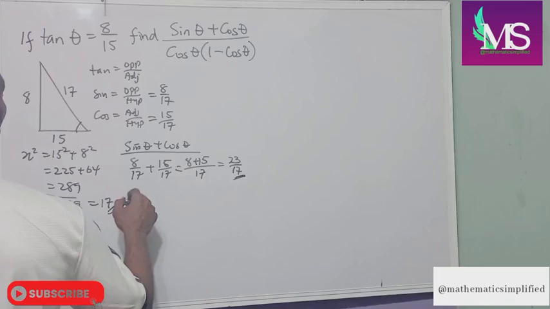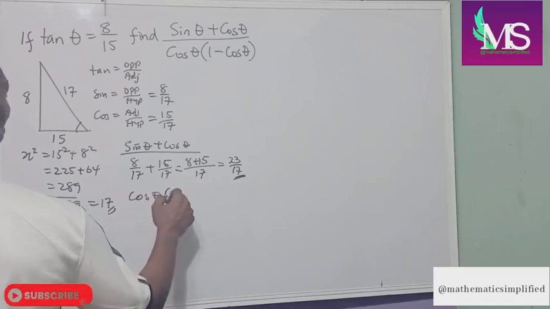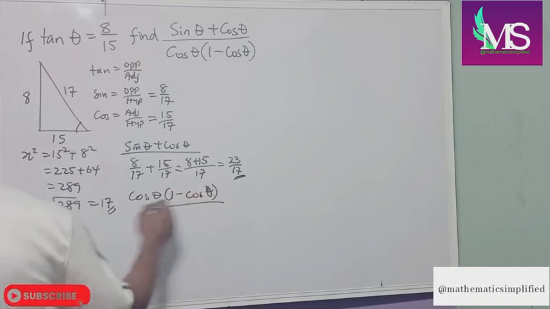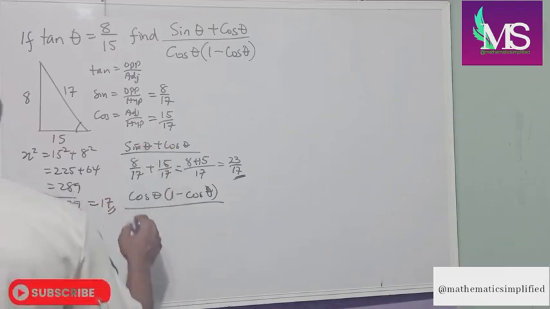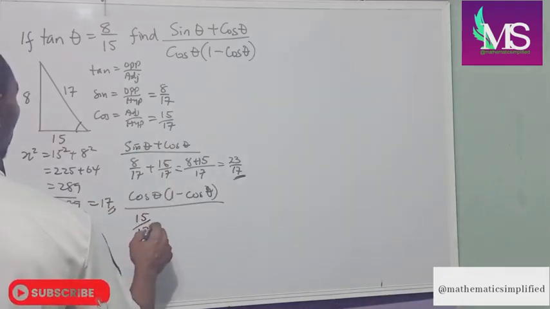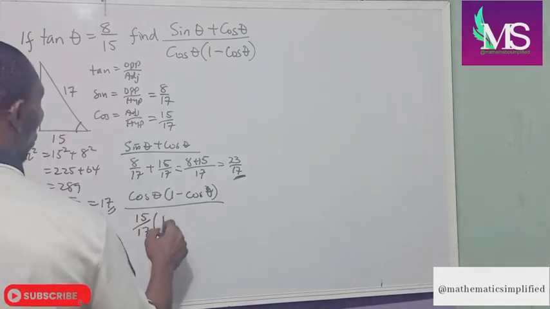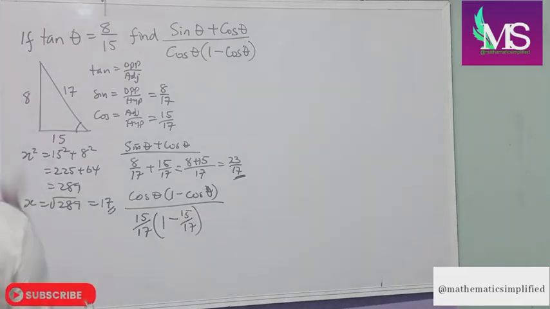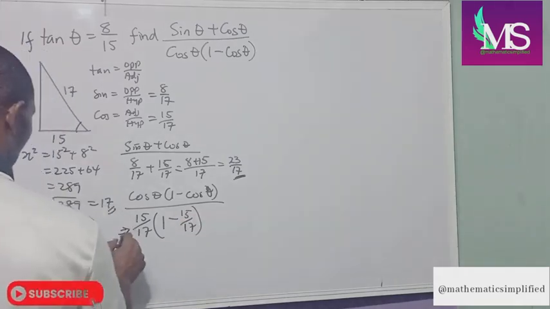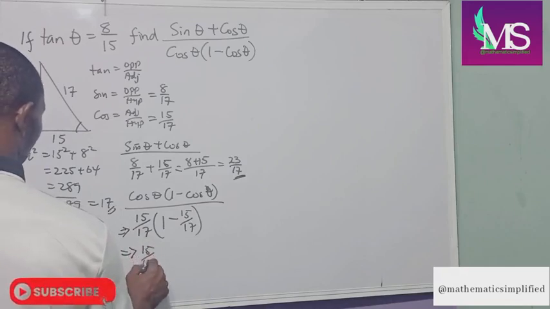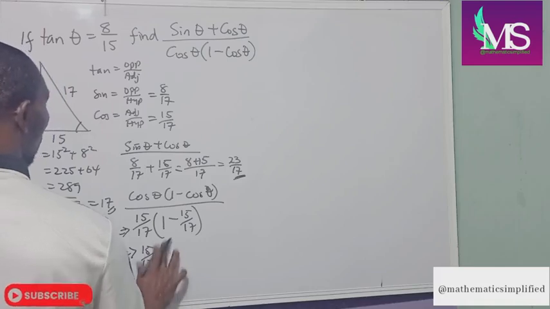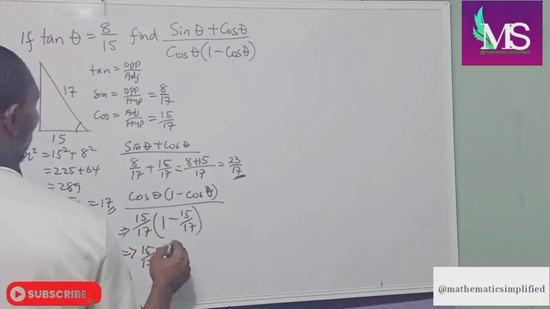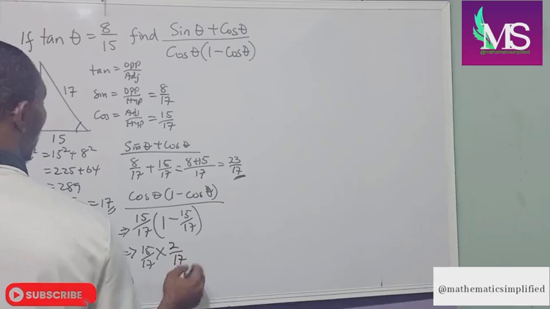Now the next one is cos theta times the bracket 1 minus cos theta. Our cos theta is 15 over 17, bracket 1 minus 15 over 17. Now if we work with what is in the bracket, 1 minus 15 over 17 will give us 2 over 17.